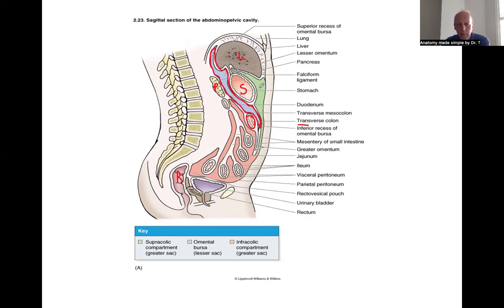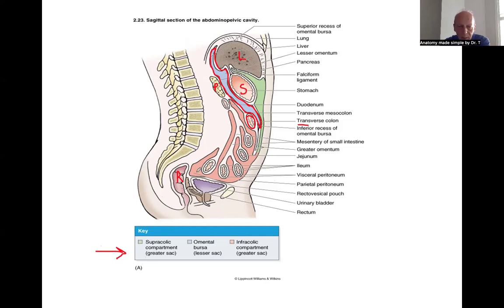Whether you do it in blue, green, or red, it's up to you. So essentially, what this diagram illustrates is not necessarily what the legend is pointing out, suprainfracolic compartment or omental bursa. I use it just to show you the continuity between peritoneal layers.